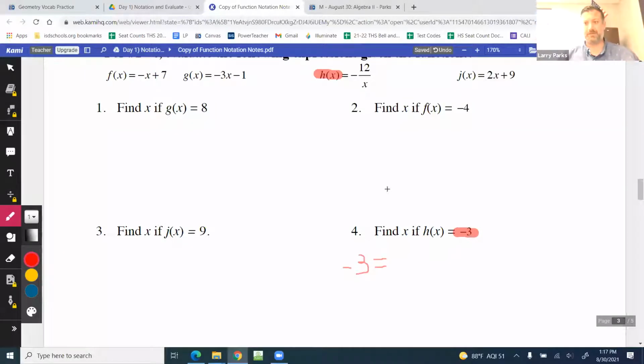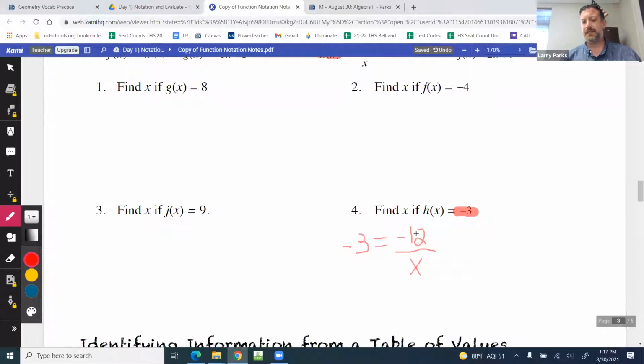The lights went out. So all this is asking is -12 divided by what is -3? Well, -12 divided by 4 is -3. So I would say x equals 4.